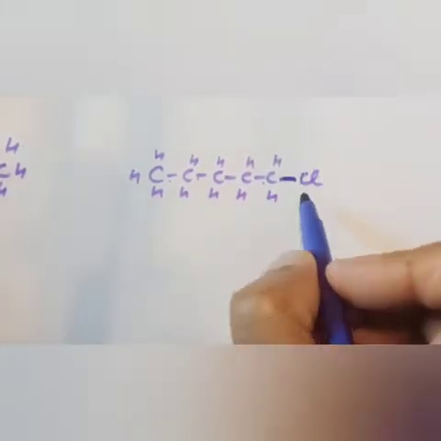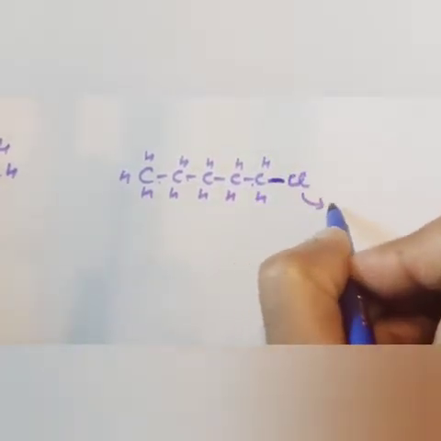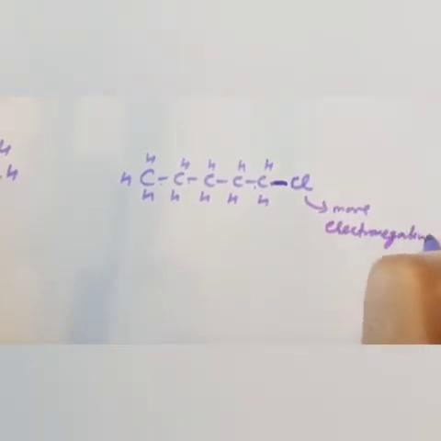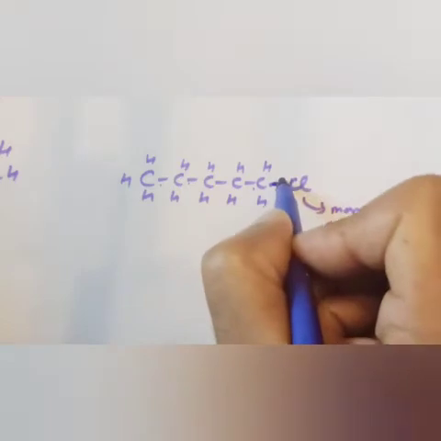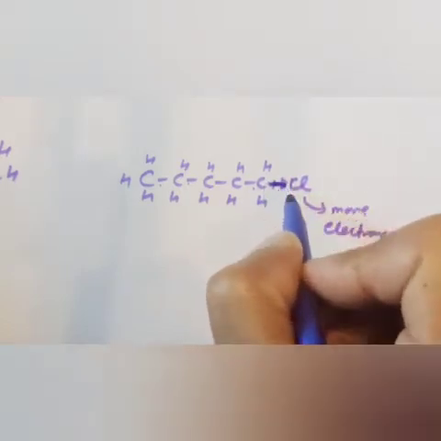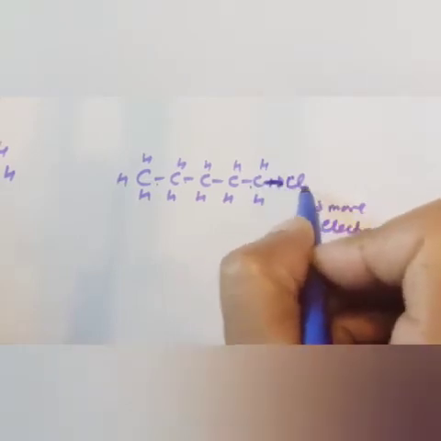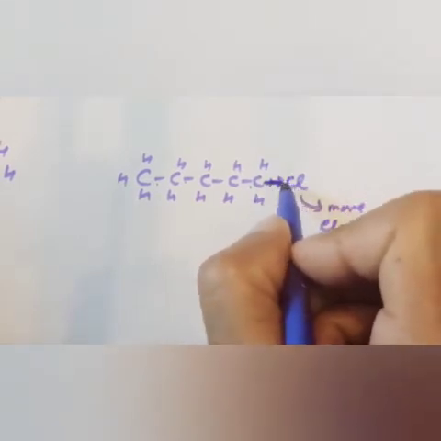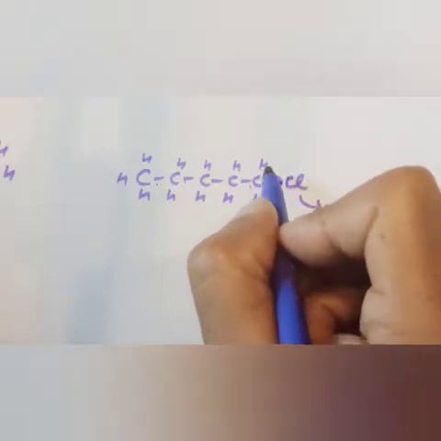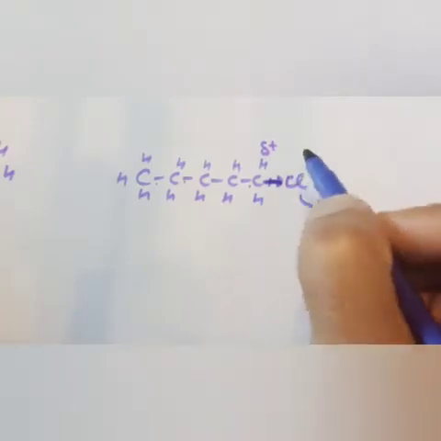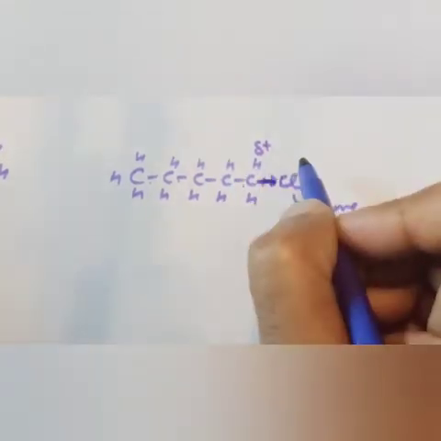This bond is polar. Why? Because chlorine is more electronegative. Due to this more electronegative nature, chlorine will have more energy and it will attract the carbon's electron toward its side. The carbon will now feel partial positive, meaning it loses a little electron, not completely.